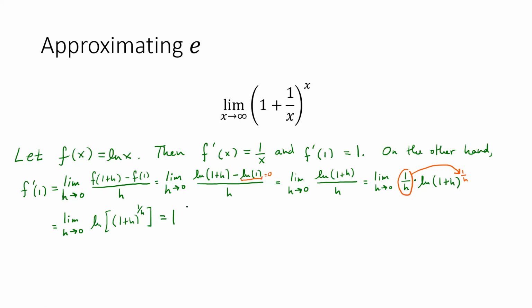Now, if I take both sides of this equation and put it as a power of e, I can write this as e to the power of the limit as h approaches 0 of ln of 1 plus h to the 1 over h power. Oh, I'm sorry, there should be a natural log there.